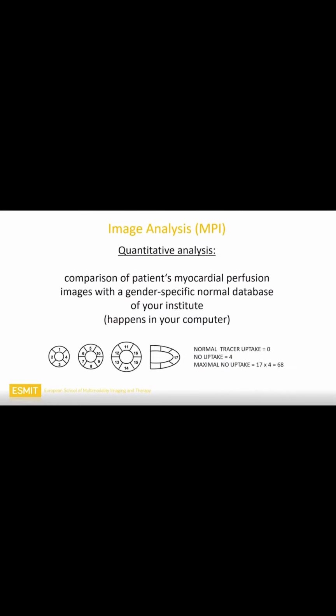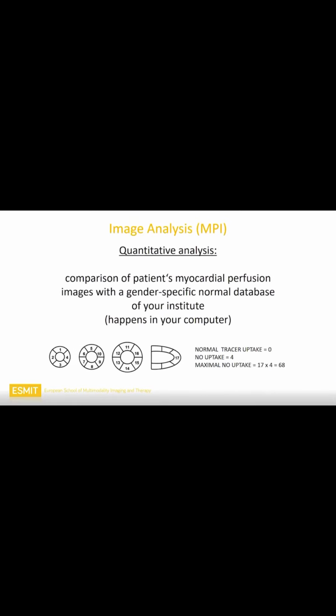Why is it important? Because we have to define in each segment the tracer uptake. If, for example, you have a normal tracer uptake, we can make 0. Or if you have no uptake, in fact, this is 4. So then we have the grading, and we can make, again, a scoring.